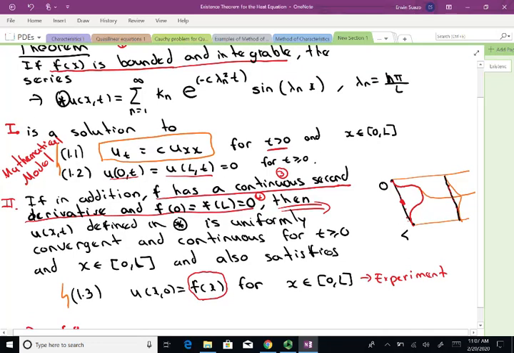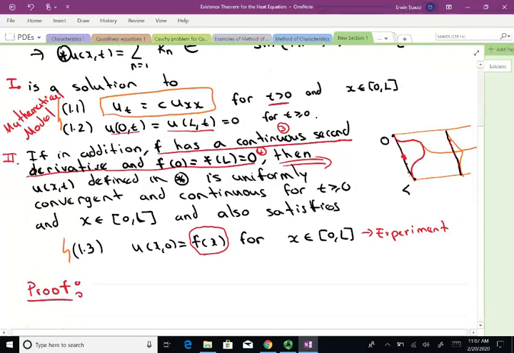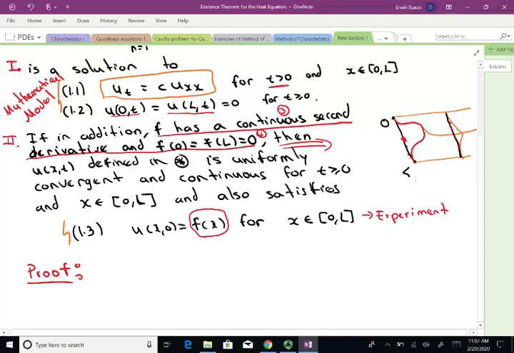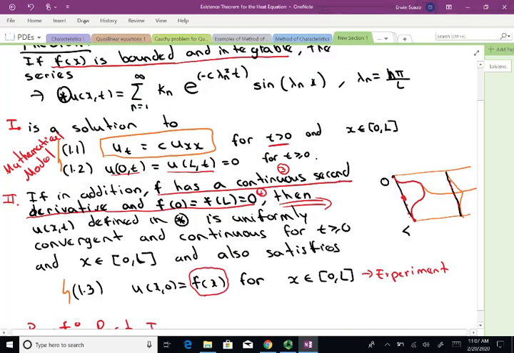So u(x,t) satisfies 1.1 and 1.2 is the first part, and then part 2, u(x,0) equals f of x. Between 1 and 2, we get the whole model. Okay, so proof. We're going to start with part 1. Proof of part 1.